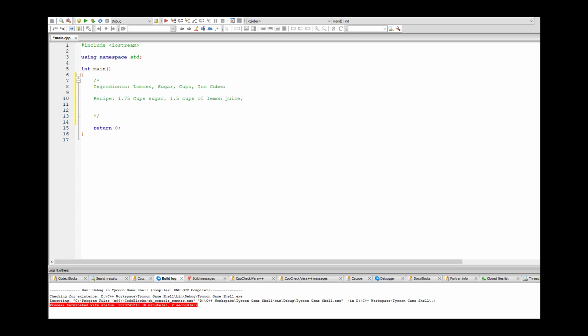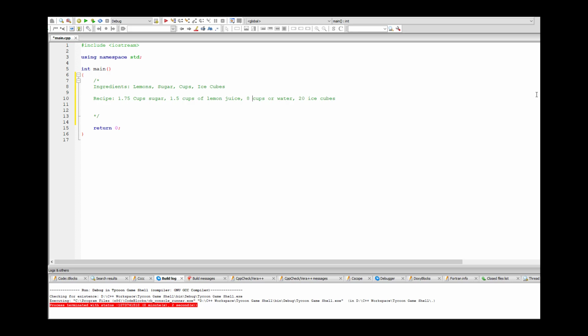We'll talk about how to get that in a minute. 8 cups of water and, well, we need basically 2 ice cubes per cup. So if we have 1.5 cups of lemon juice and 8 cups of water and whatever sugar, we're making approximately 10 cups of lemonade. So for that, we're going to need 20 ice cubes.